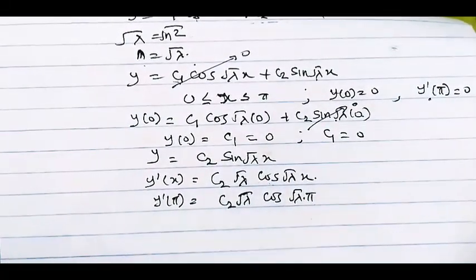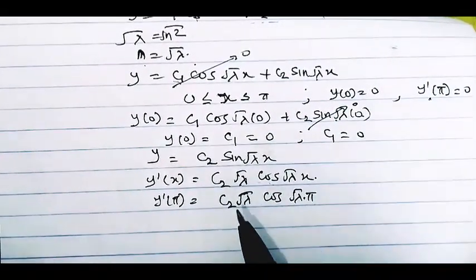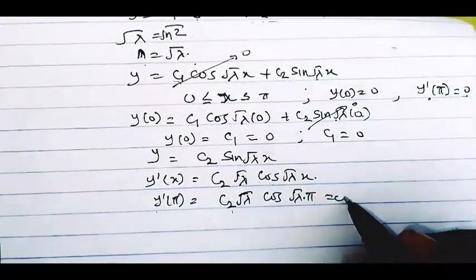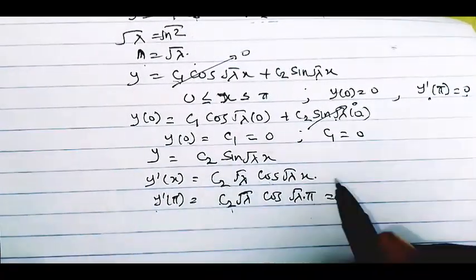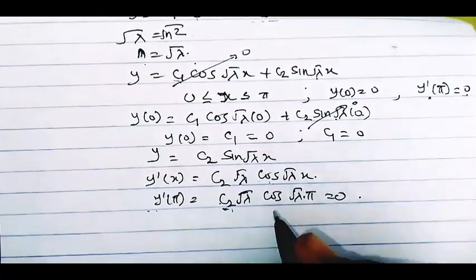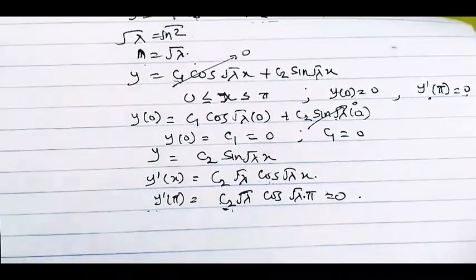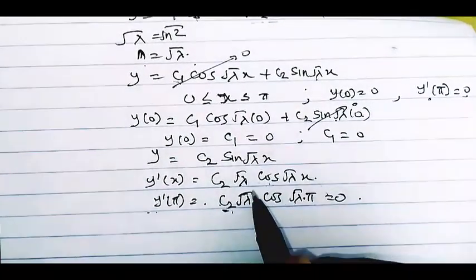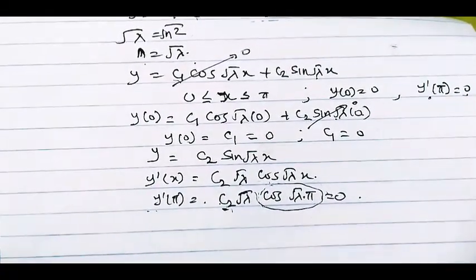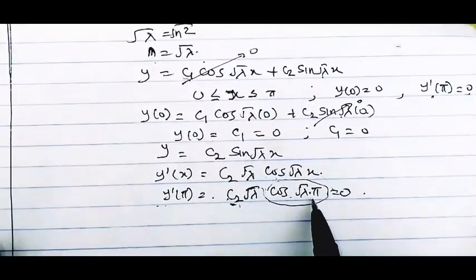Since this is equal to 0, either c2 or this right here will make it equal to 0. But since we are not expecting it from c2, we expect it from our second term. Since root lambda is a constant, it doesn't play a role here, so we can just take this cos, meaning we are expecting cos root lambda times pi to be equal to 0.